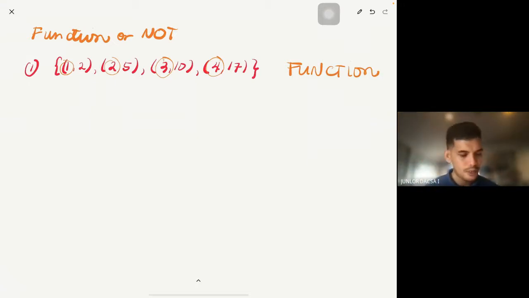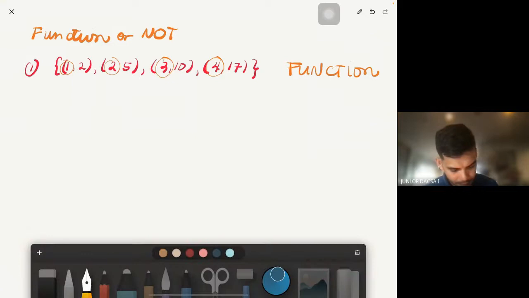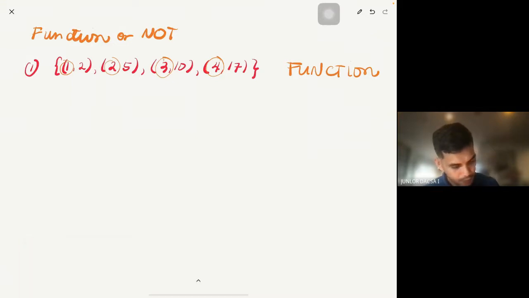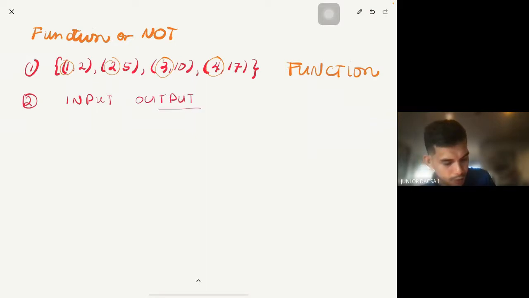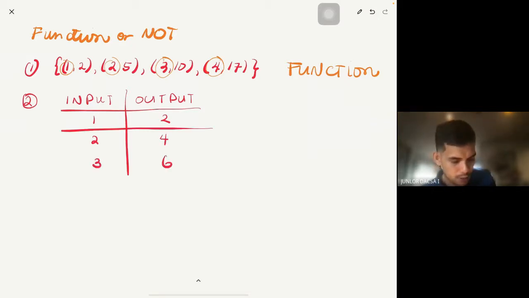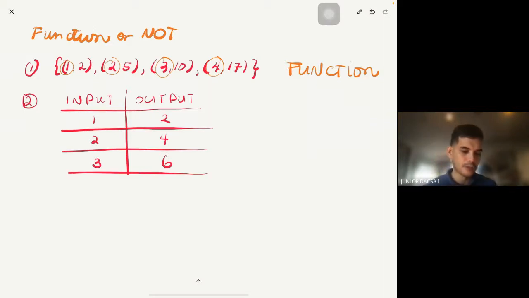Okay, so another example is this. Let us say input, output. So we have 1, 2, 2, 4, and 3, 6. That's the example. Okay?